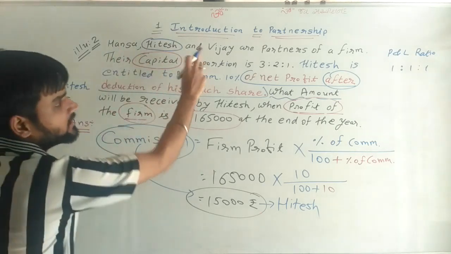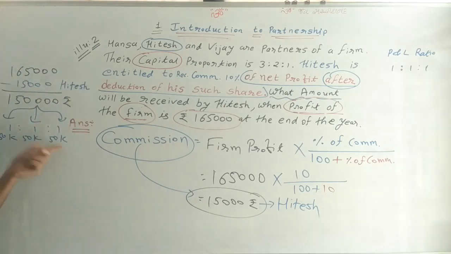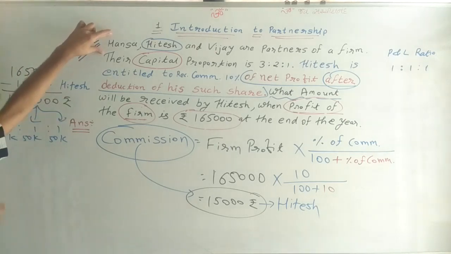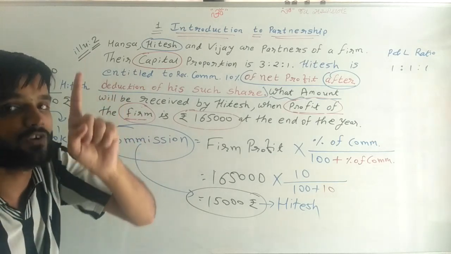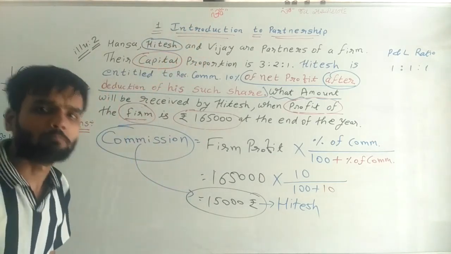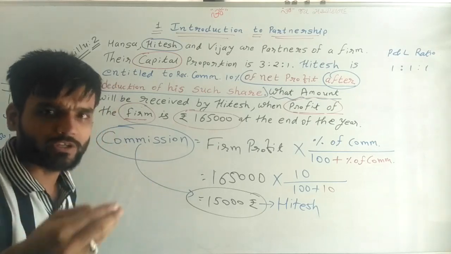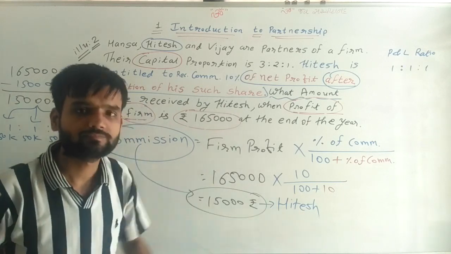So all the partners receive profit of 50,000 rupees. Hansa will receive 50,000, Hitesh will receive 50,000, Vijay will receive 50,000. But some more profit, as commission, is received by Hitesh.